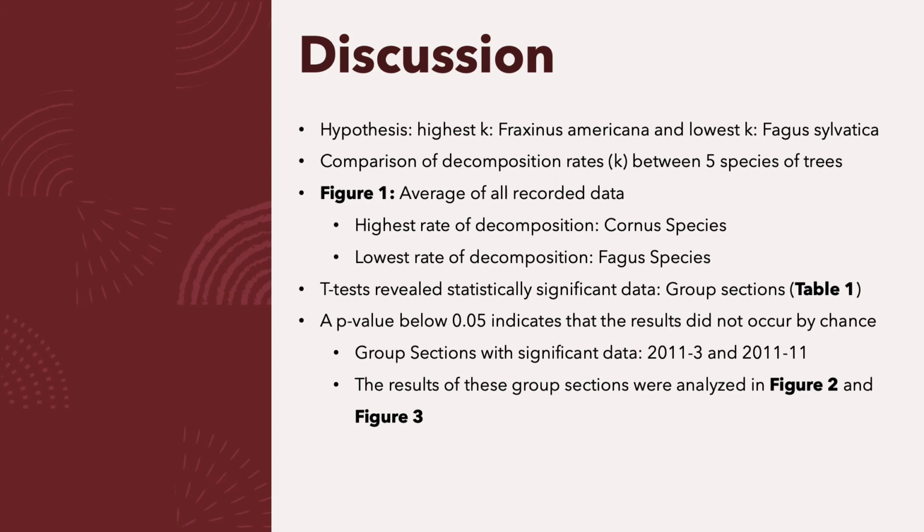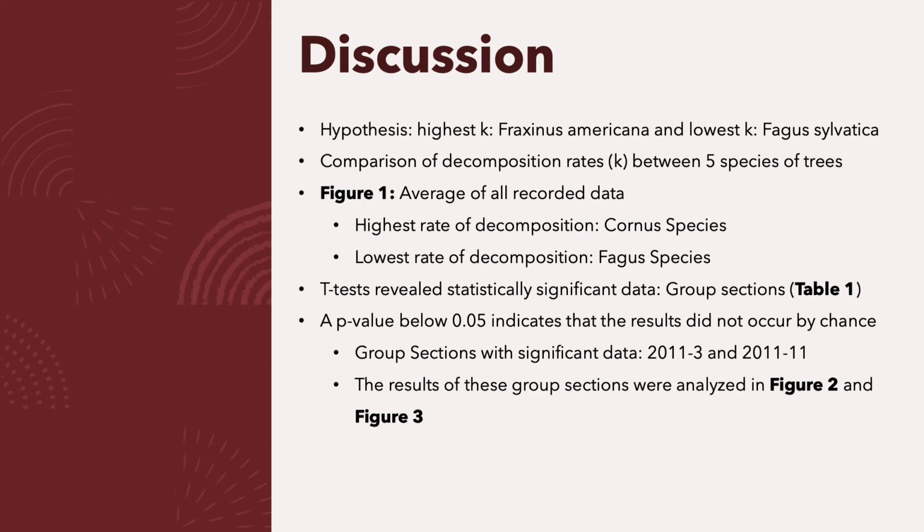So the hypothesis was that the highest rate of decomposition would be the Fraxinus americana species, and the lowest rate of decomposition would be the Fagus sylvatica species. As shown in Figure 1, the Cornus species had the highest rate of decomposition, and the Fagus species had the lowest rate of decomposition.